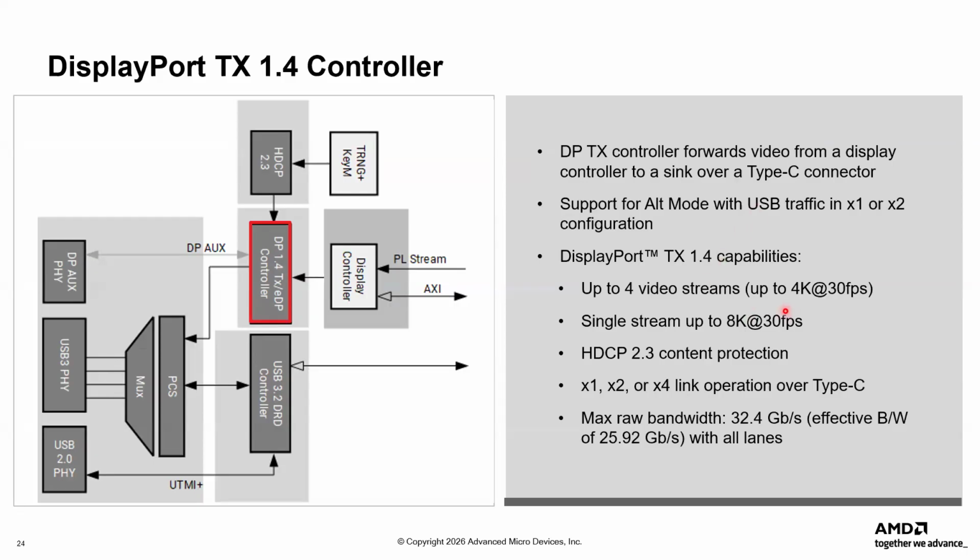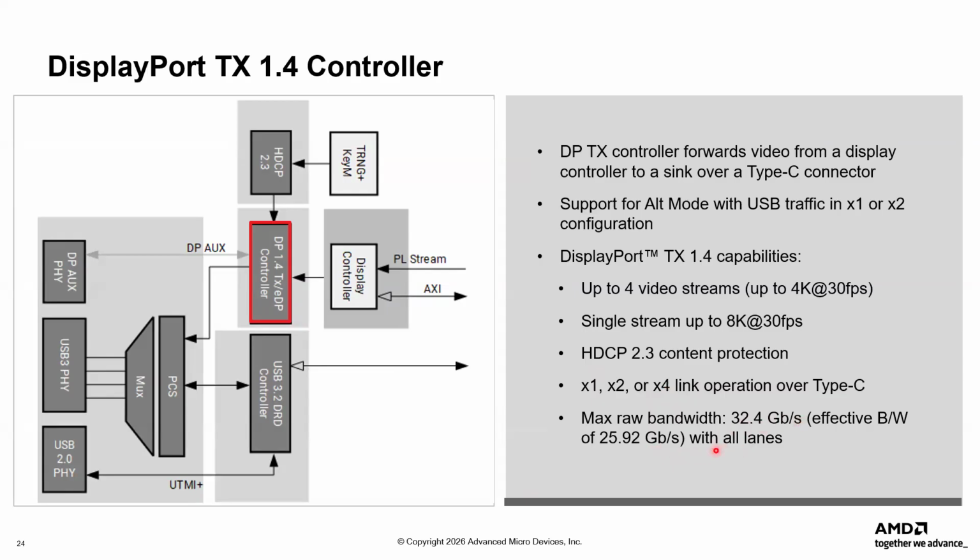And the capabilities of this is to have up to four individual streams, as we just talked about. I can have a single stream up to 8K at 30 frames per second. Again, there's the protection from the encoding unit, and by four link operation for PCIe over a Type C connection, and then the maximum raw bandwidth.